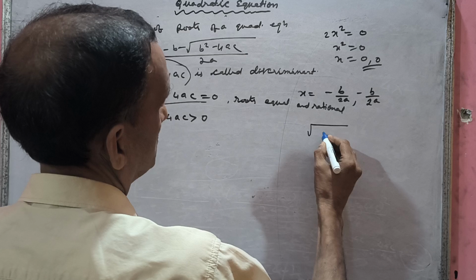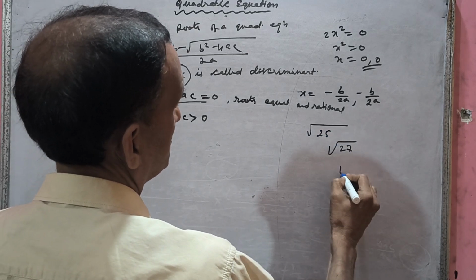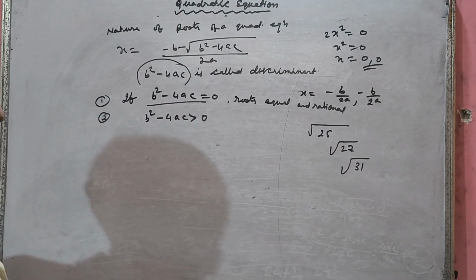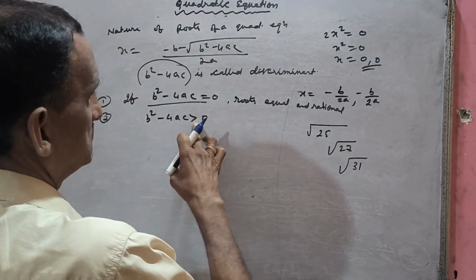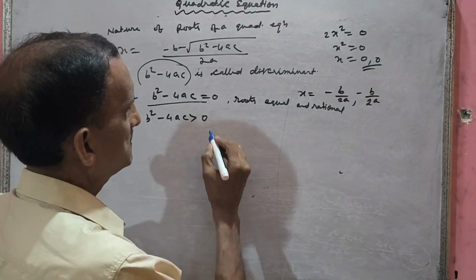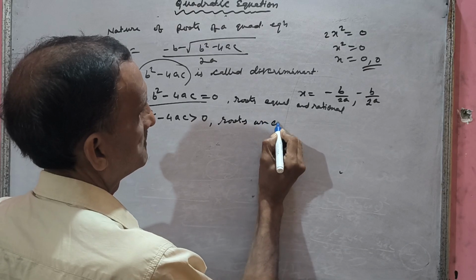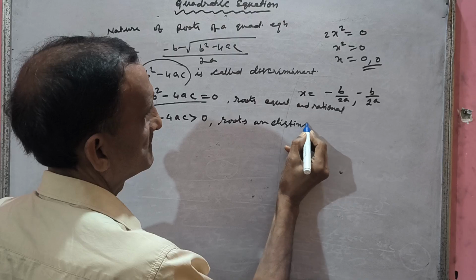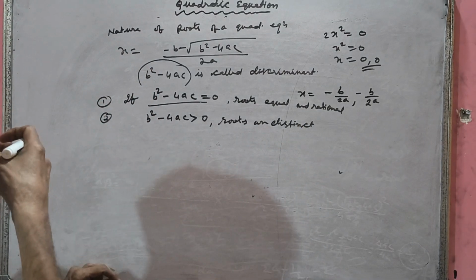Greater than 0 can be like this, like this, like this, okay? So the first condition, that it is not equal to 0, the roots will not be equal. Then roots will be unequal, or different, or distinct. Roots are distinct, not equal.